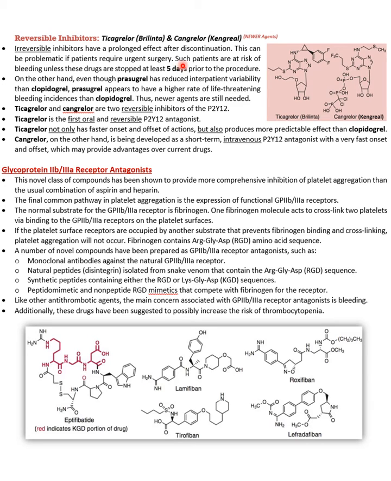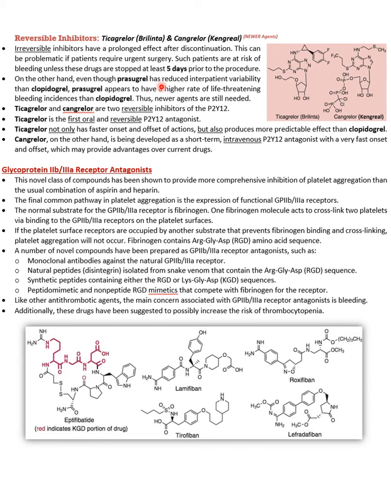So you will have to stop these medications at least 5 days. And you might expect I should wait 7 to 10 days, but I guess they say at least 5 days, so maybe at least 50% of these platelets are restored, such that when you do a surgery, there are enough platelets to stop the bleeding.